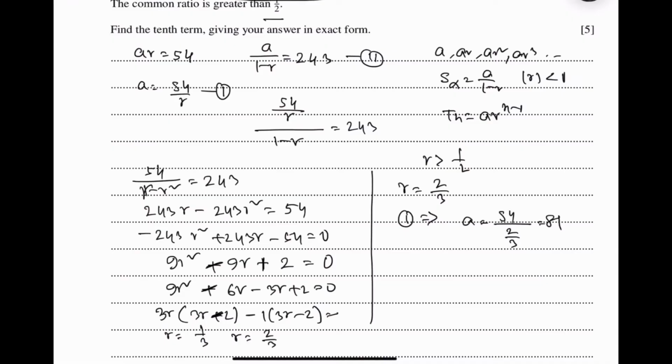So the 10th term, that is T10 equals a r to the power 9. So let me substitute: 81 into 2 by 3 to the power 9, and if we simplify it will be 512 divided by 243.